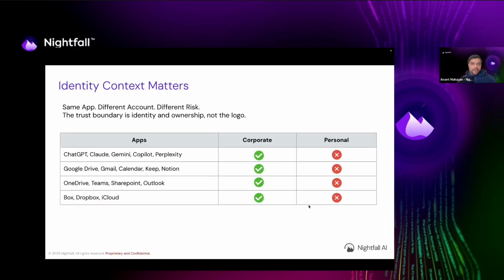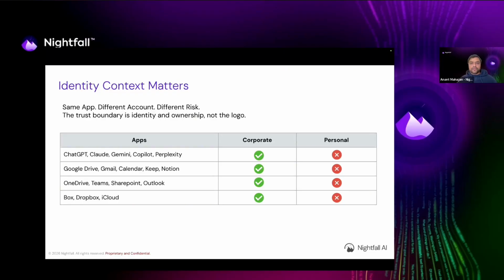And secondly, the identity context matters. A few of you have already brought up very interesting use cases that we've prioritized, and you'll hear from us shortly on those. But this is one of those interesting scenarios where session differentiation is a feature that's available today with our endpoint exfiltration product. You could use the same app, but it could be different accounts, and the risk vectors are very different, right?